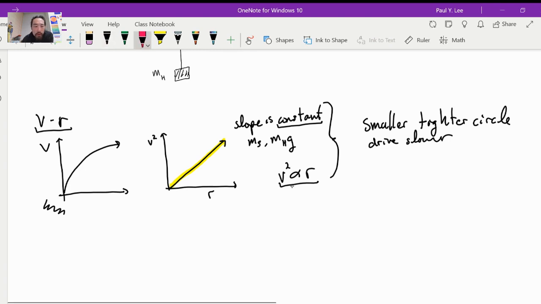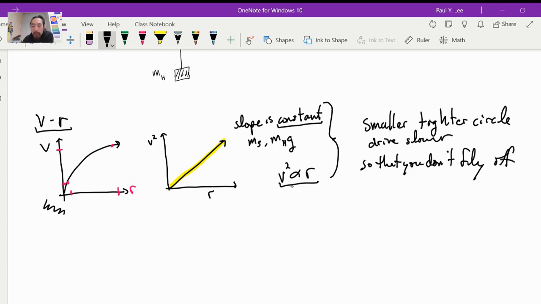And that shows us here, right? If your radius R is nice and small, you have to drive nice and slow. But if you have a nice big radius out here, you can drive pretty fast. The idea behind this is so that you don't fly off the road, and that'll be bad.